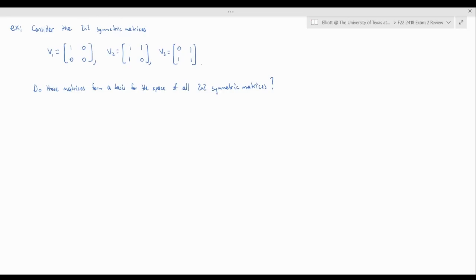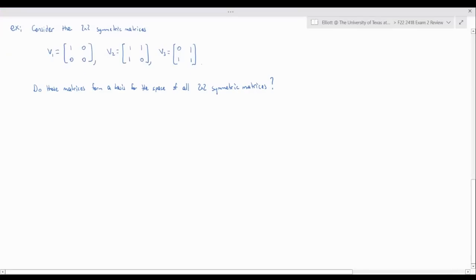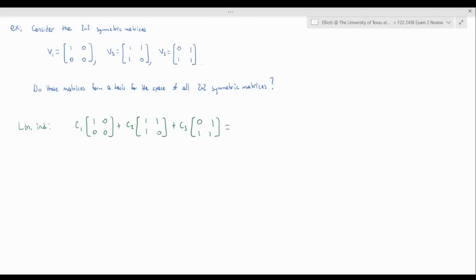So if I check for linear independence first, here you would set up the equation C1 V1 plus C2 times V2 plus C3 times V3 and set it equal to 0.